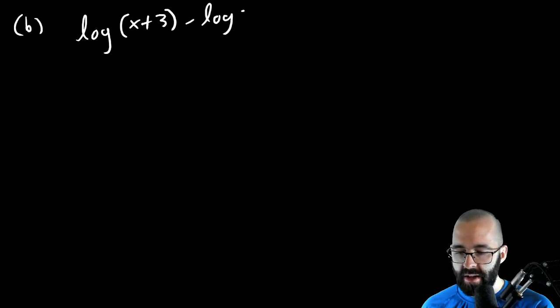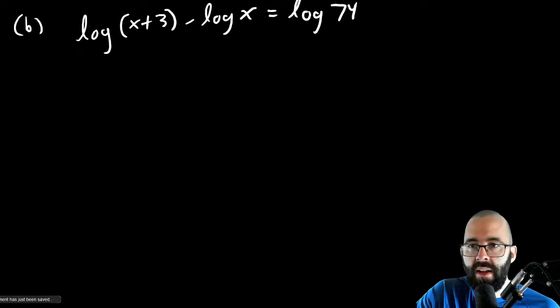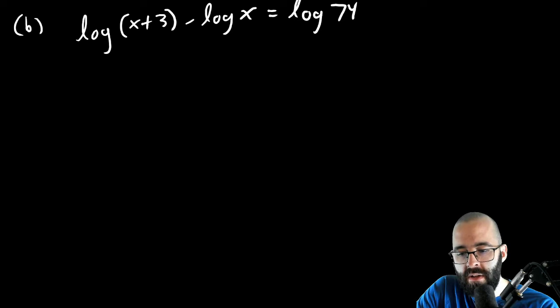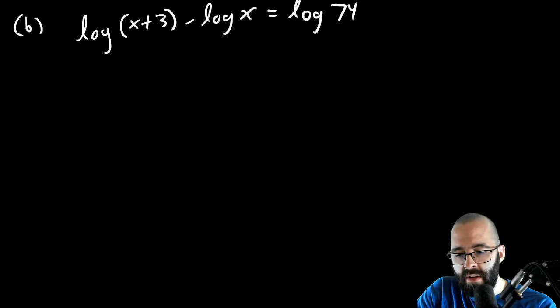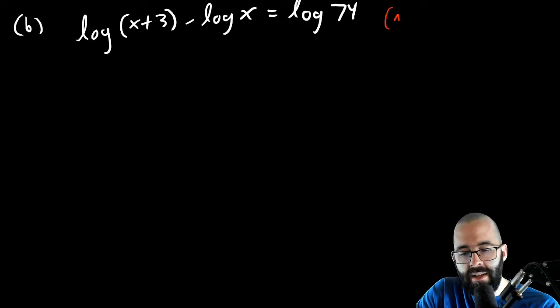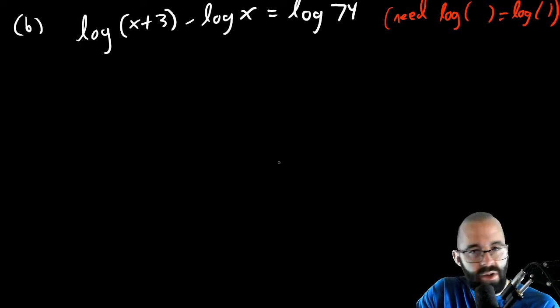Let's do part B. Common log of x plus 3 minus the common log of x equals the common log of 74. So we don't have the same thing anymore. We don't have a single logarithm equal to another logarithm. We need the log of something equal to the log of something else, and we don't have that.